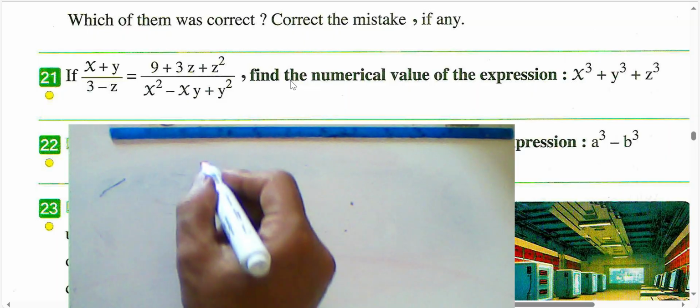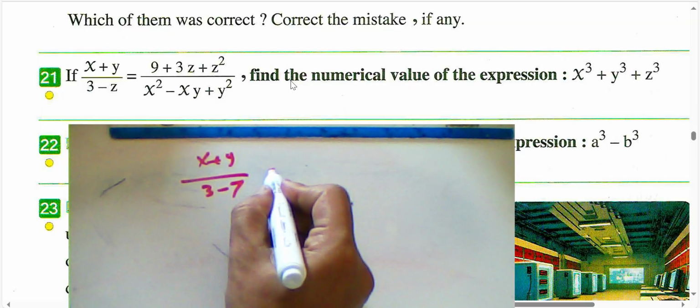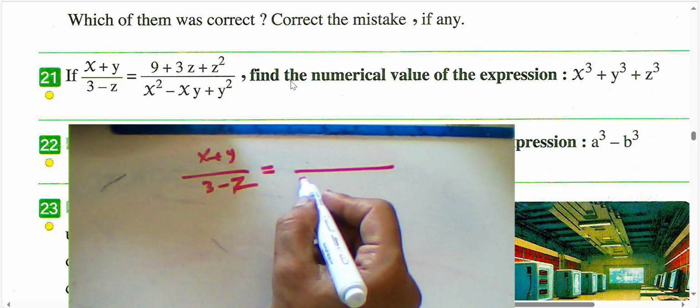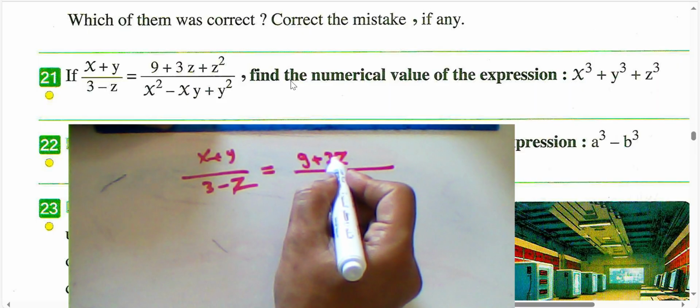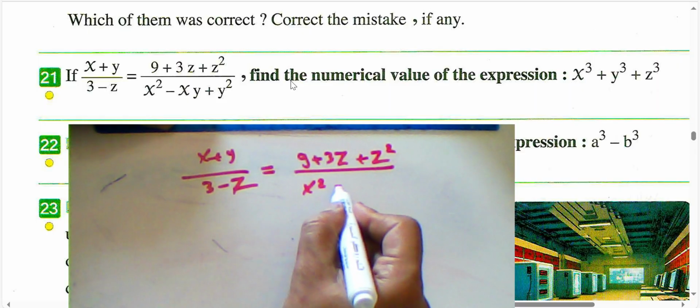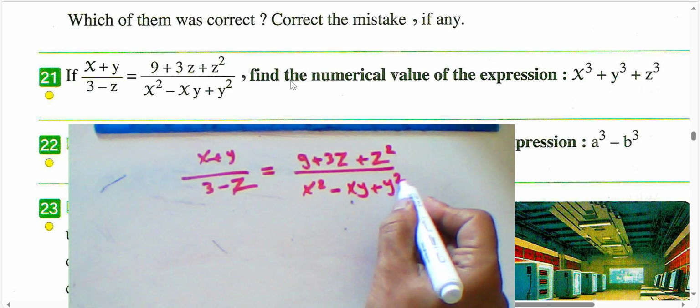We have (x plus y) over (3 minus z) equals (9 plus 3z plus z power 2) over (x power 2 subtract xy plus y power 2).